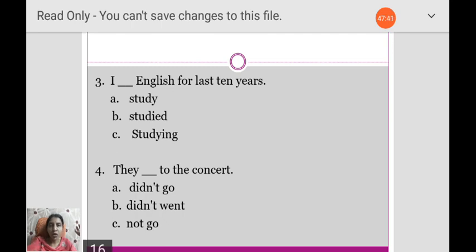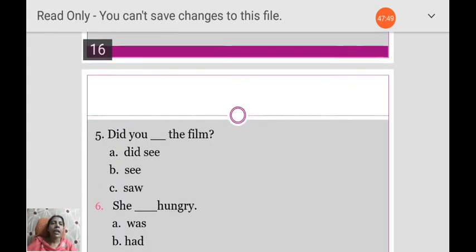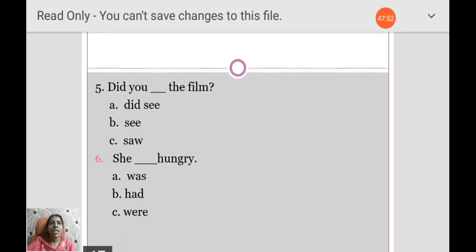Went is not written, so that's why did not go is the correct expression. A is the correct expression. Then, did you see the film? Not saw the film. Did you see the film? See, because V1 form comes after did you. Then she was hungry. We won't say she had hungry or she were hungry, but it is she was hungry.